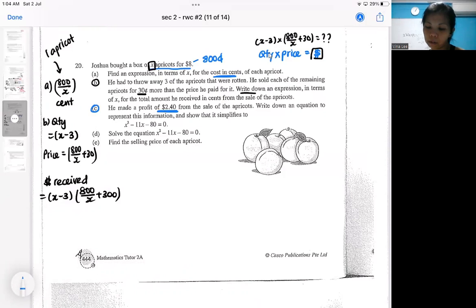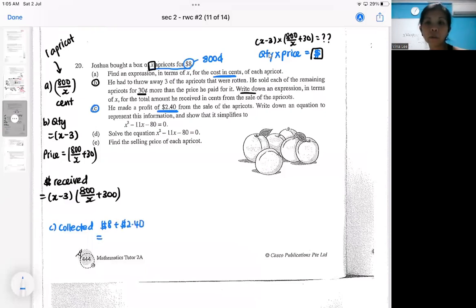Think about it. He uses $8 and then eventually after selling X minus 3 because 3 are rotten, he managed to sell everything and he earned a profit. What is the implication of earning the profit? That means he actually collected the $8 and the extra money.